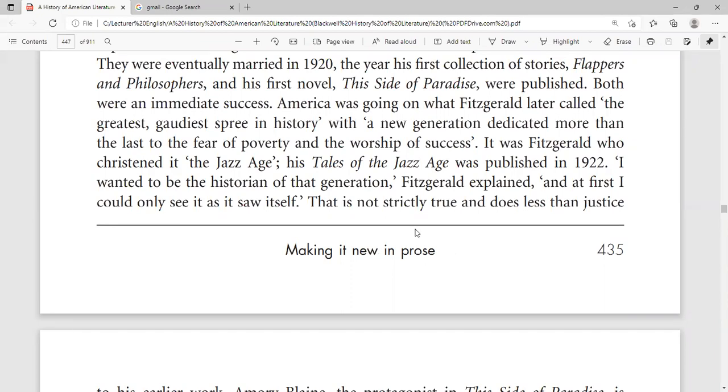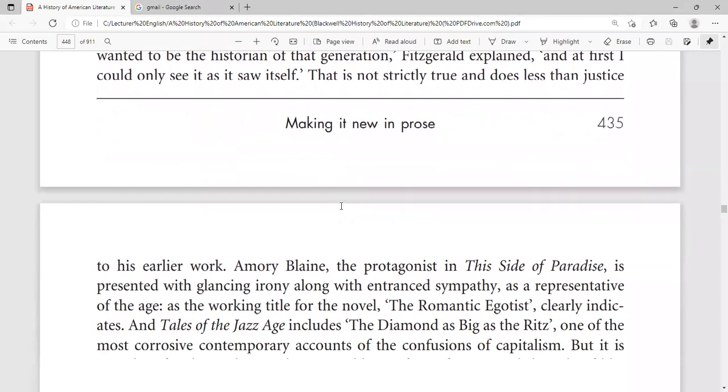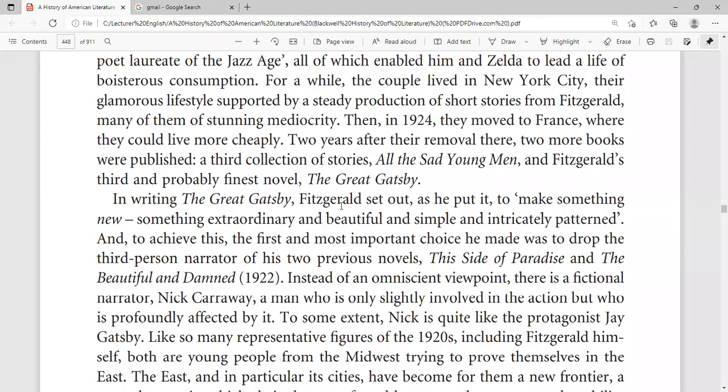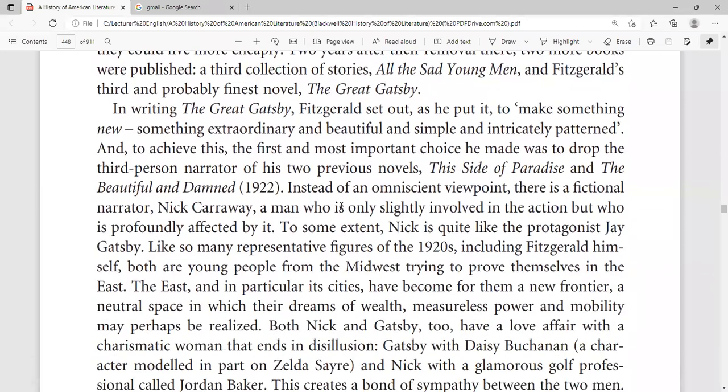And Scott Fitzgerald once said, I wanted to be the historian of the jazz generation. So we can say in his work, the 1920s are properly documented.